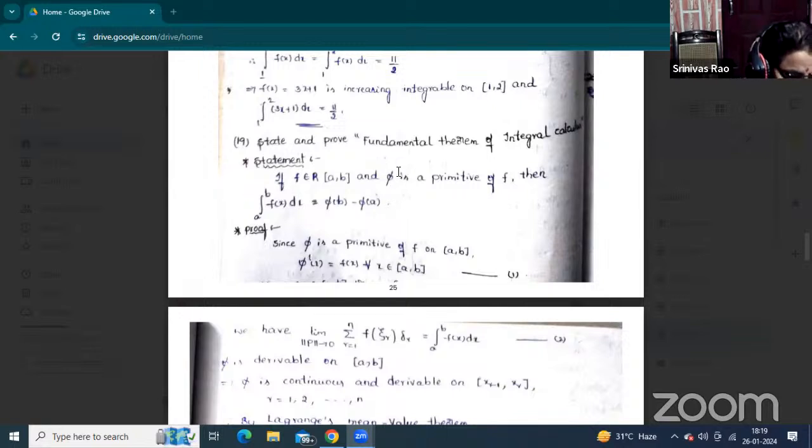Now here phi is the primitive function, which means the antiderivative, that is, phi'(x) equals f(x).